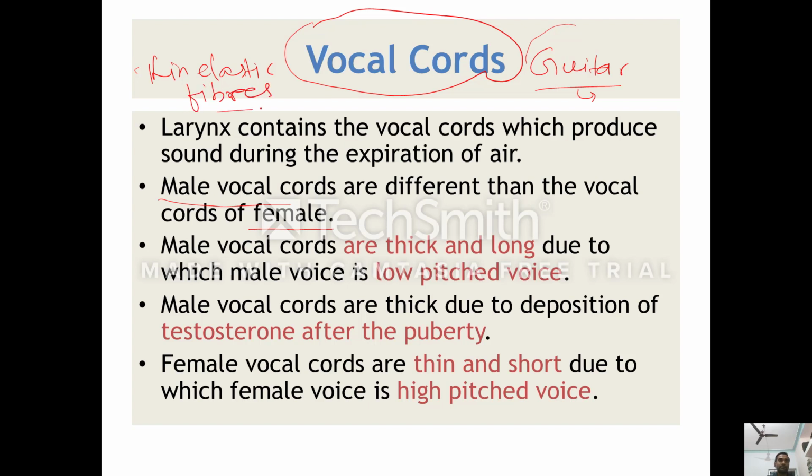Vibration of these thin elastic fibers produces the sound, mainly during expiration.